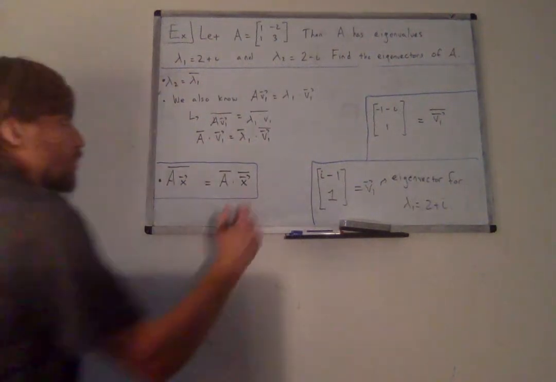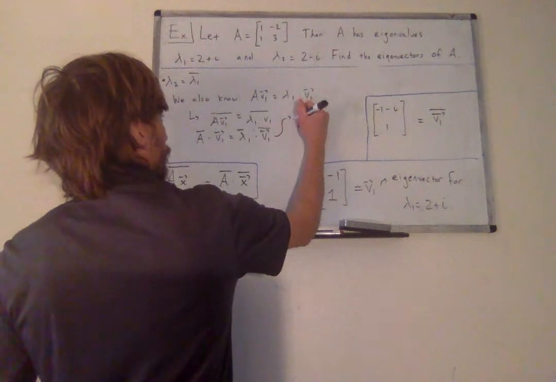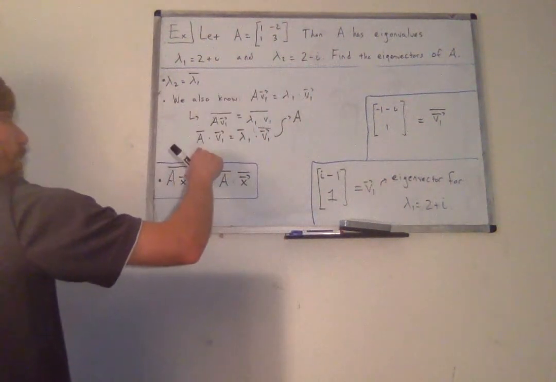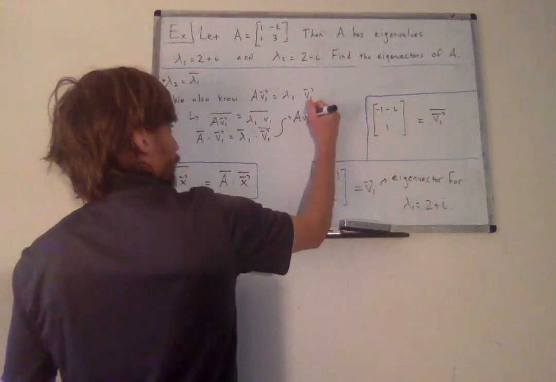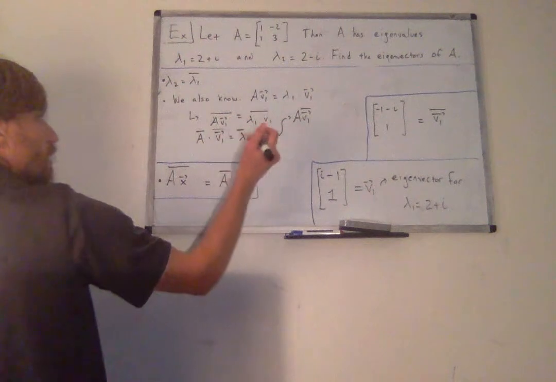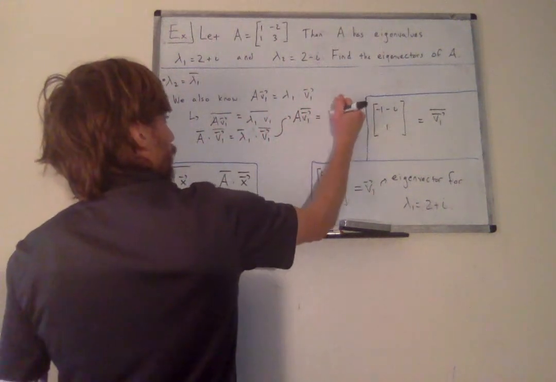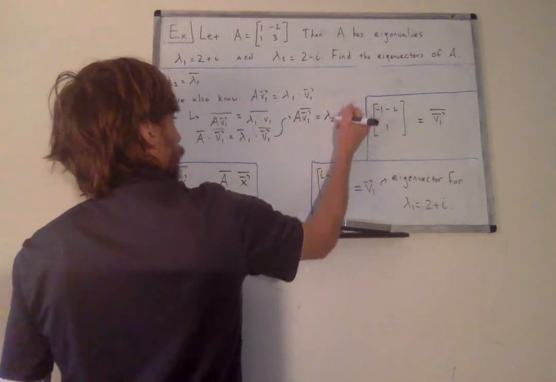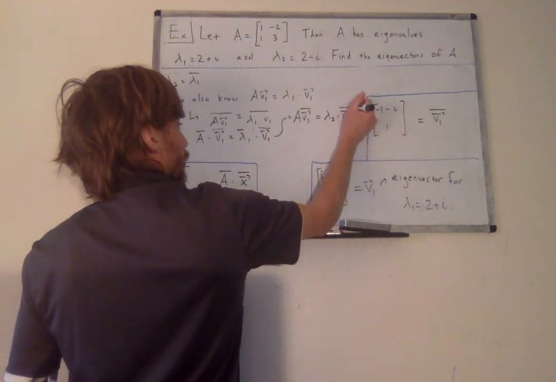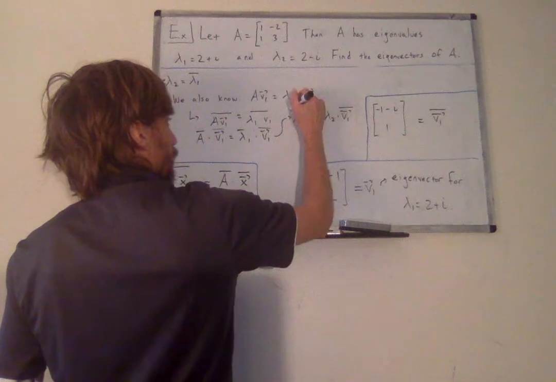Well, and now we're pretty much done, because I've already said the conjugate of A is just A itself, because A doesn't contain any complex numbers. We know the conjugate of v1. Oops, I forgot to put a conjugate sign there. We know that the conjugate of lambda 1 is equal to lambda 2. And so this is equal to lambda 2 times the conjugate of v1.